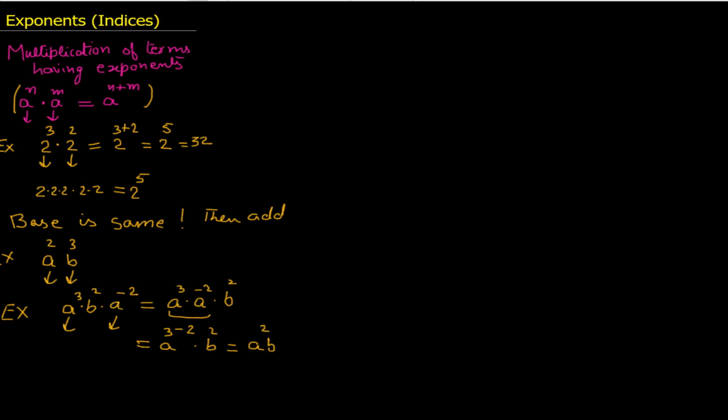So this type of terms can be simplified where at least two terms have same base. So we can combine them together and then simplify. But if both terms have different base, or even if there are three terms and all three bases are different, then we cannot further simplify those type of exponents.